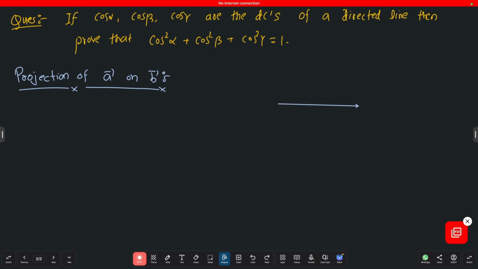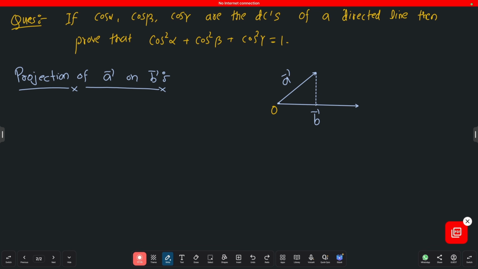Suppose this is one vector A and this is another vector B. Then what is the projection of A vector on B vector? You have to draw a perpendicular from here.